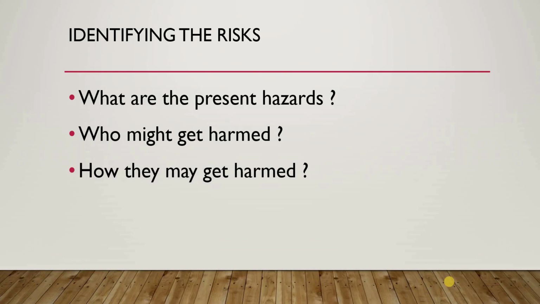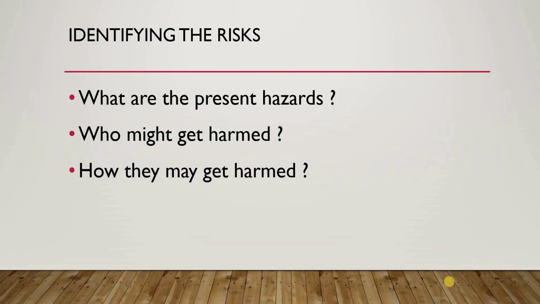We have to think about it and visualize it. Then we have to see who might get harmed from those hazards, like the workers, line managers, different kinds of working people in the environment. So we have to think about how they might get harmed as well.